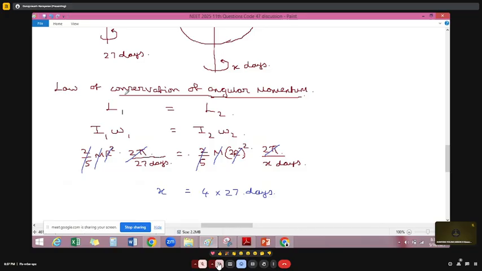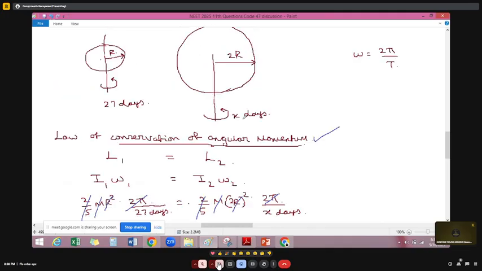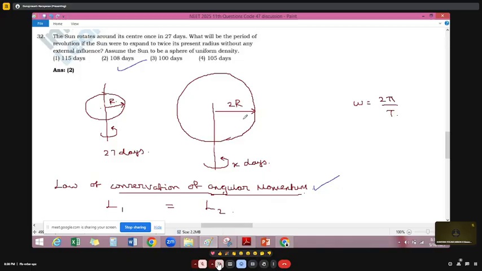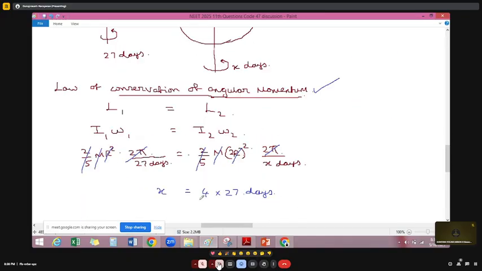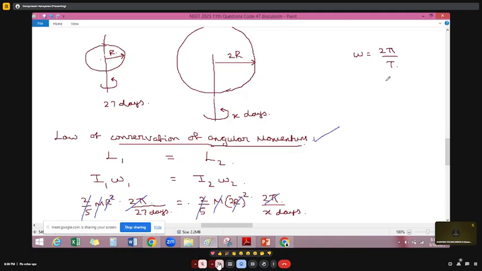Okay, so very, very easy. But if you don't know that, I have to apply the law of conservation of angular momentum in this particular situation, then obviously it's a very difficult problem. If you know it, it's just a matter of mathematics. And of course you should know the formula I1 omega 1, and 2 by 5 mr squared, all those things. And omega is 2 pi by time period.